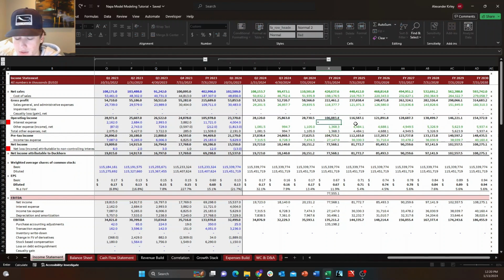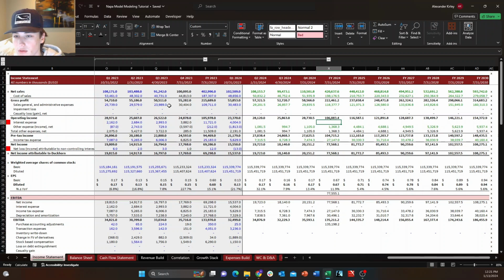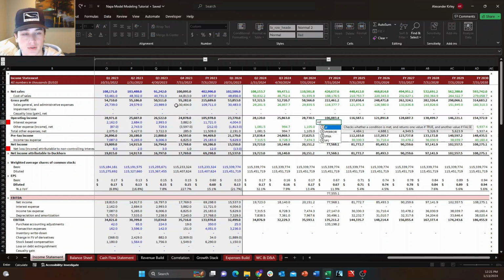So what I'm going to do is if CB is equal to on, I want it to display as 0, but if not, I just want to make sure I was referencing the right cell. If our circuit breaker is equal to on, I want it to display 0.